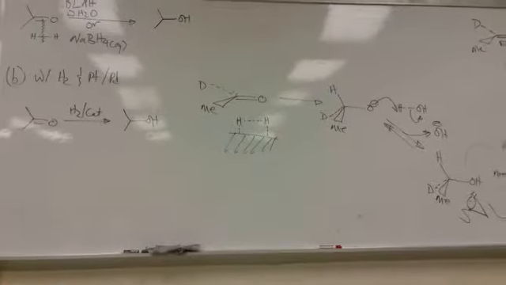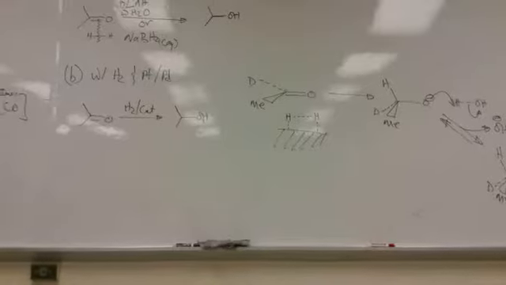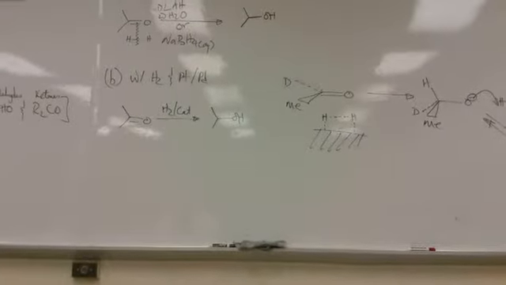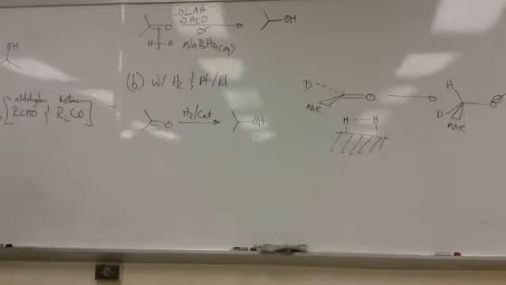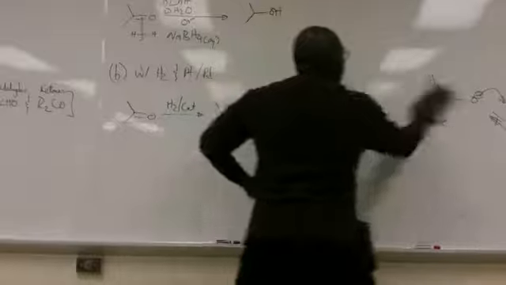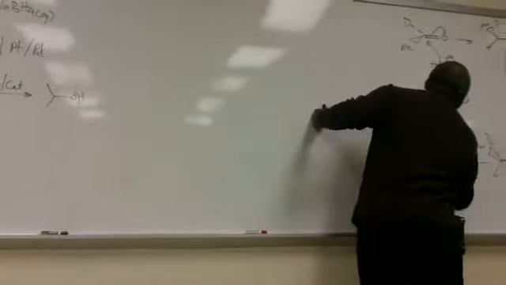The B reactions are just hydrogen gas and an appropriate catalyst. And there's a list of catalysts. Typically platinum, palladium, nickel, and so on will do that reaction. Okay, so that's a reduction of a carbonyl. And that's the aldehyde.